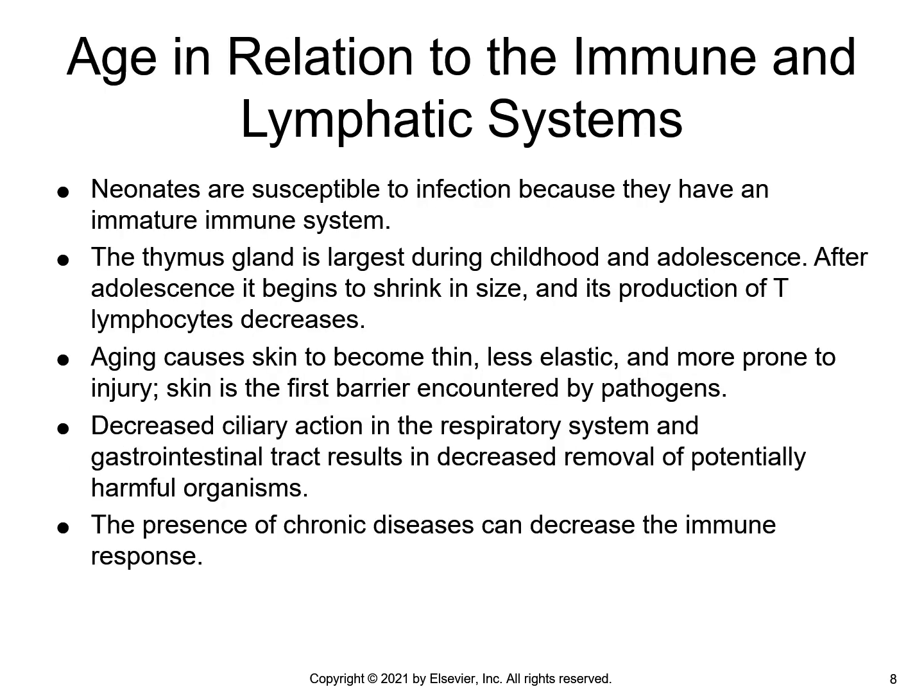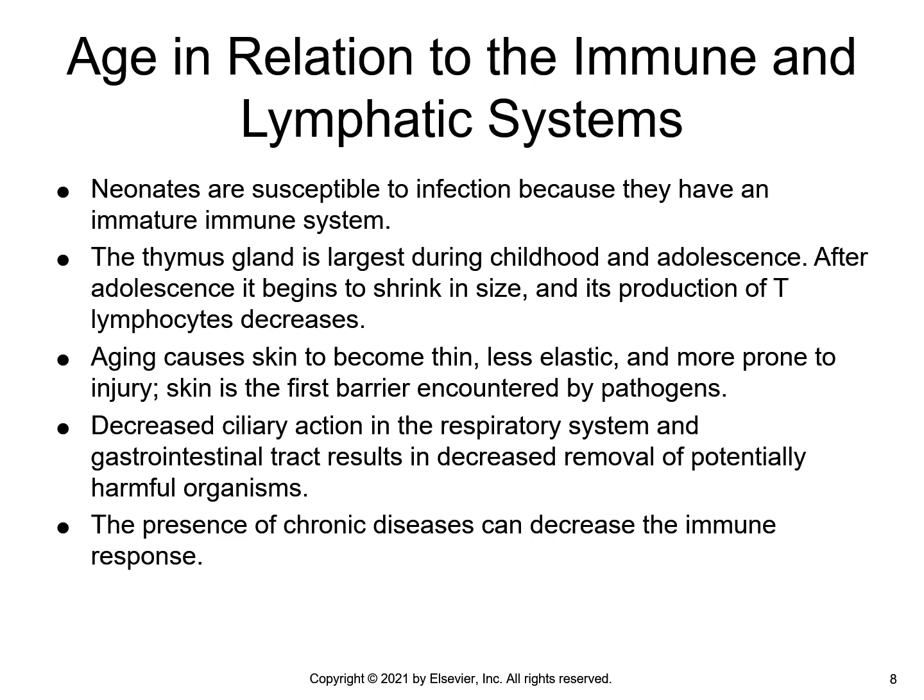Neonates are susceptible to infection because they have an immature immune system. The thymus gland is largest during childhood and adolescence. After adolescence, the thymus gland begins to shrink and its production of T lymphocytes decreases. The aging process causes our skin to become thin, less elastic, and more prone to injury.